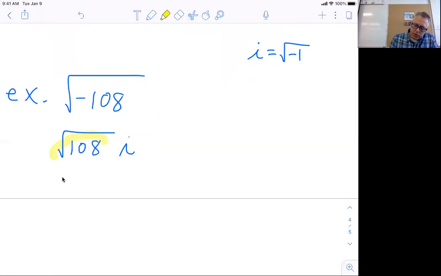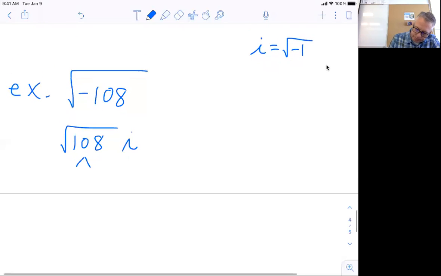And so now I just do this like the problems we were doing above, but I have an i on the end, meaning it's an imaginary answer, but I still can write it in terms of i. So I'll do a factor tree here. So I could write that as square root of 2 times the square root of 54.